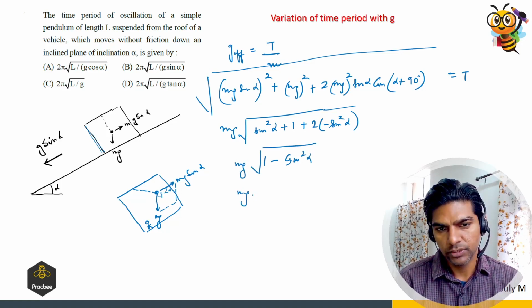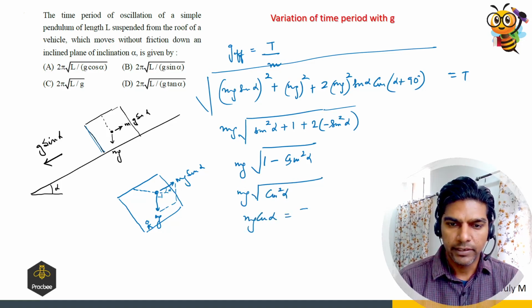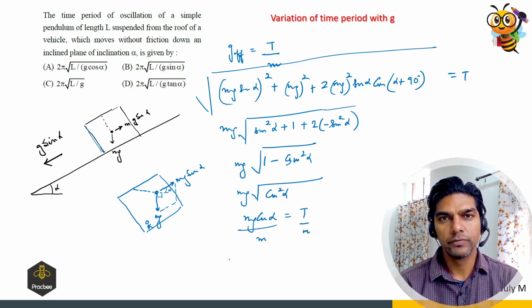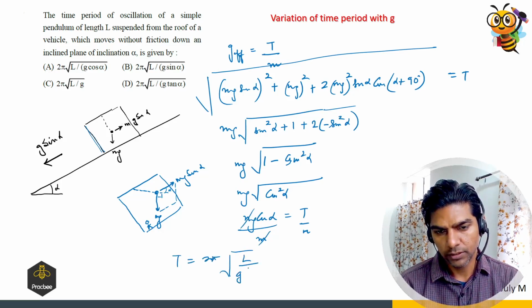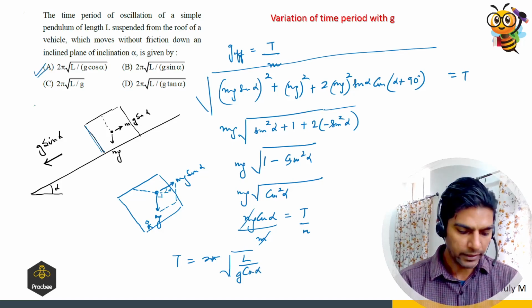So it will be mg times root of cos square alpha. So this comes out to be mg cos alpha, and this is the tension in the equilibrium position. Now let us divide this by the mass, and this will give us the effective g. So it will be g cos alpha. So the time period will be 2 pi root L by g effective, which is g cos alpha. So option A is the right answer.